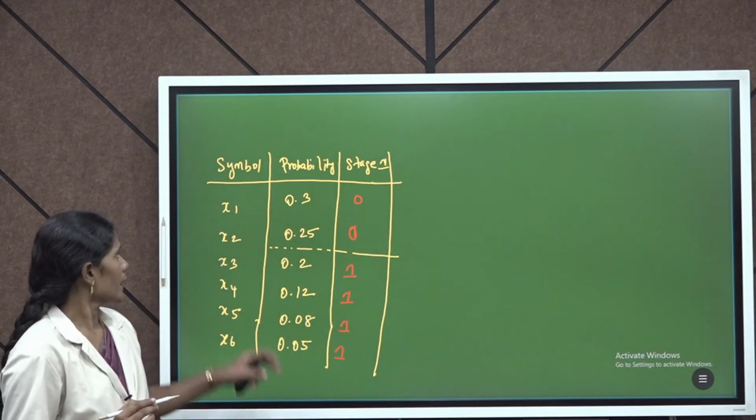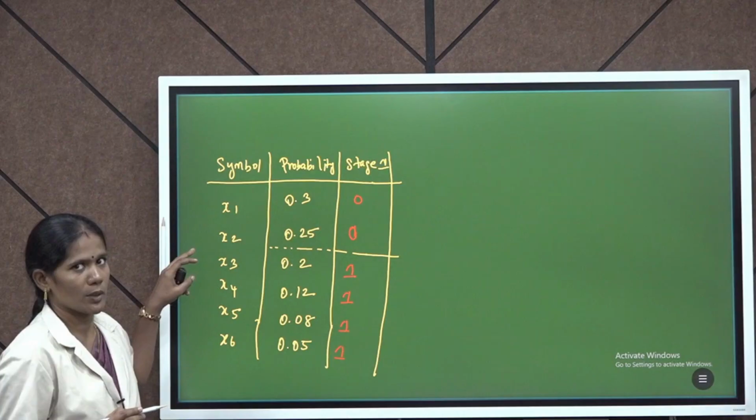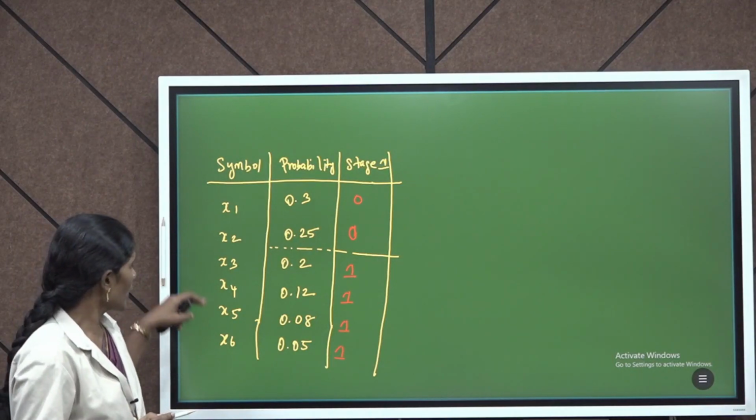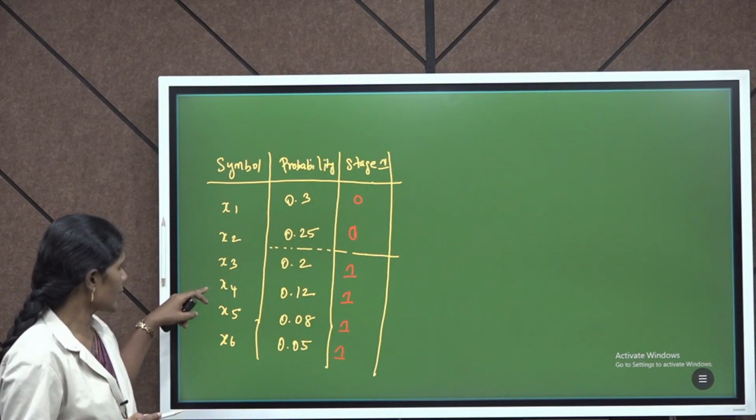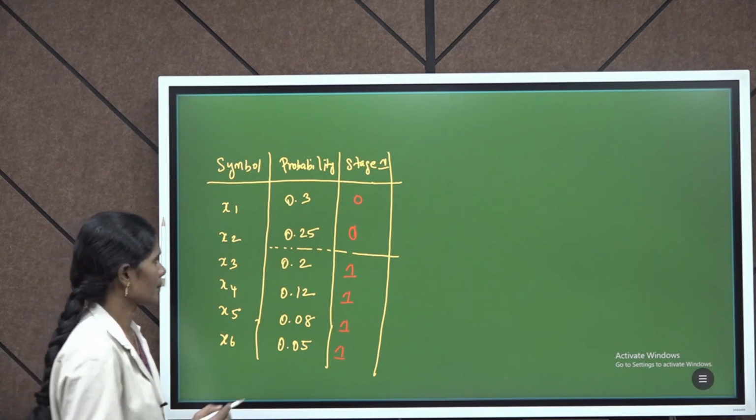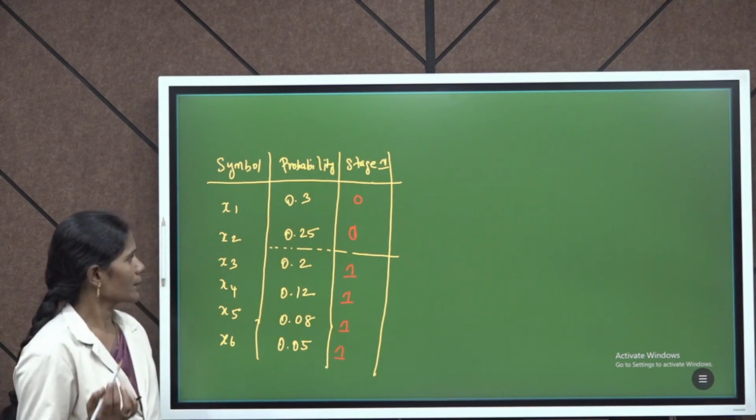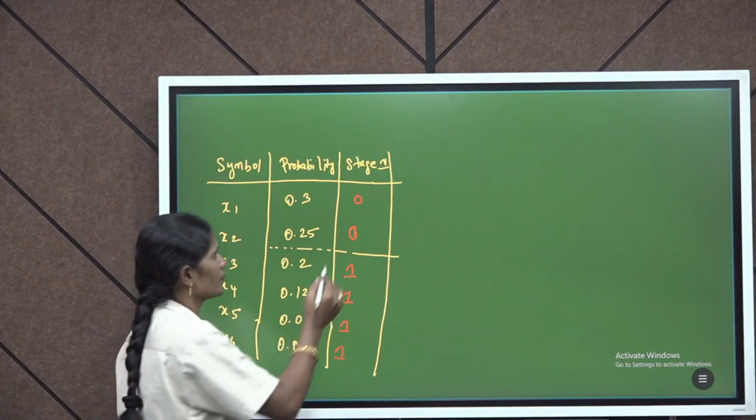In stage 1, the upper partition has messages x1 and x2, and the lower partition set has x3, x4, x5 and x6. Again we subdivide into new partitions.